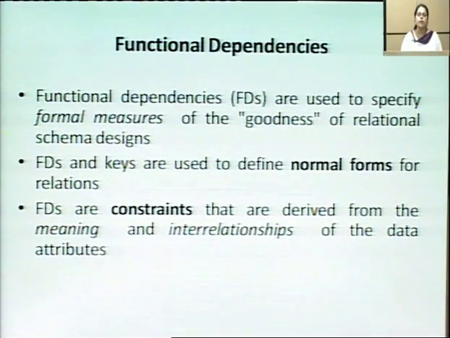So, functional dependencies are the formal measures for checking the goodness of the relation schemas design. They are used to specify the normal forms for checking the goodness of the relations, and we can say that these are the constraints that are derived from the meaning and the interrelationships between the attributes which are grouped into the relation schema.